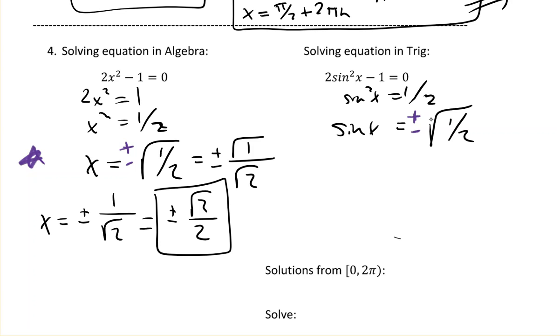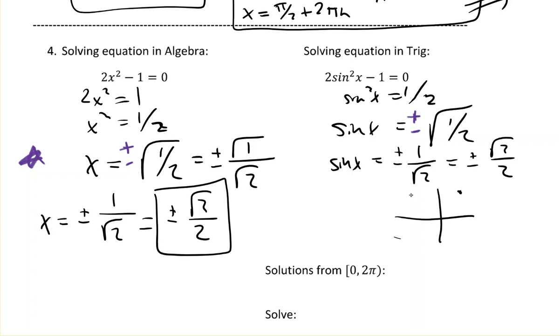Take the square root of both sides, so I've already got my plus or minus. The square root of a fraction is like taking the square root of the numerator over the square root of the denominator. And I really want it rationalized over here so that I recognize sine is positive square root of 2 over 2 and negative square root of 2 over 2. 4 places.